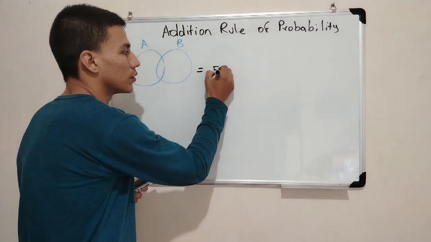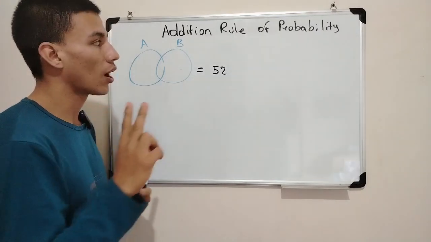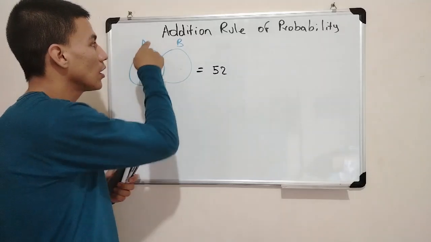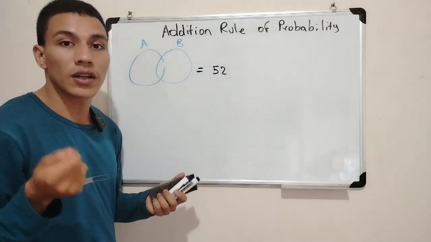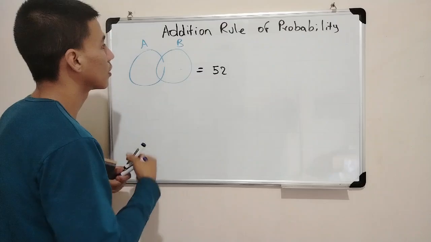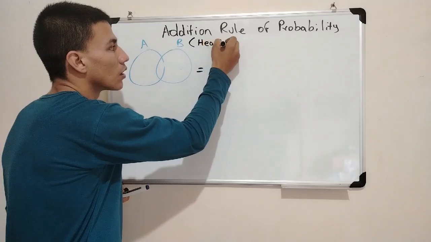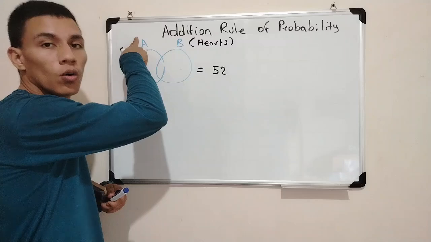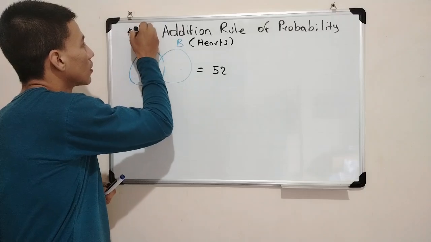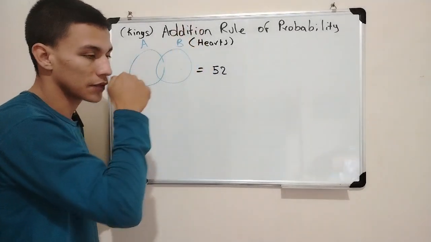Let's say that we want to have two sets, A and B. For A we want to draw a card that is only a heart, hearts, and for B only those which are kings, only kings, only hearts, and so on.